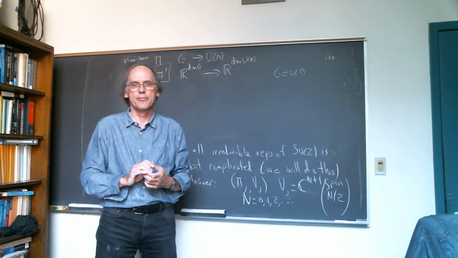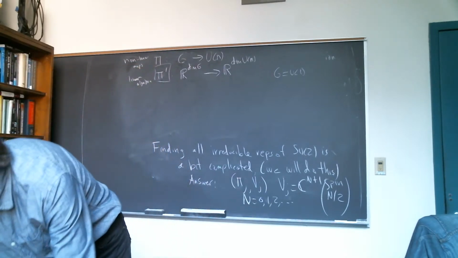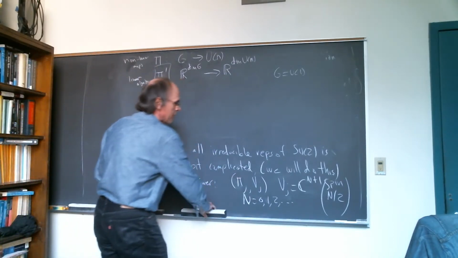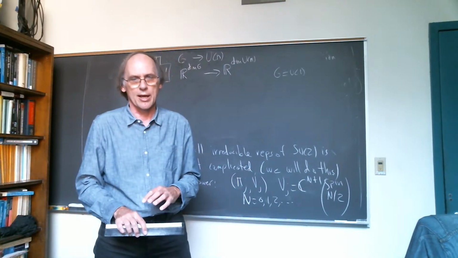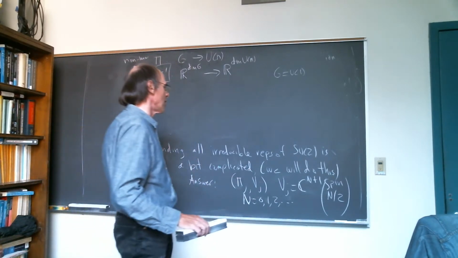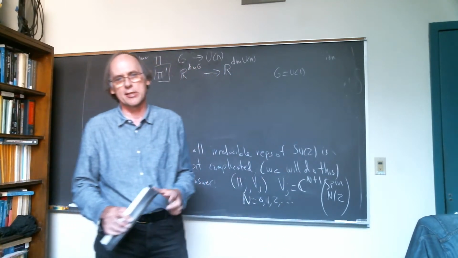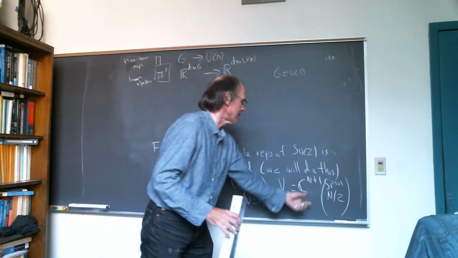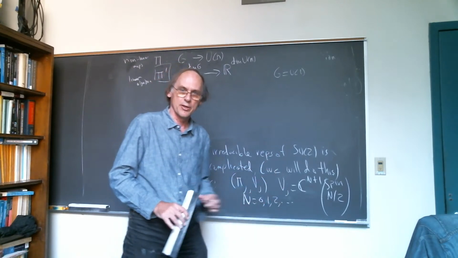Okay. So let me then get down to what I mainly wanted to do today. What I was trying to say here is that if I tried to do the same thing that I did for U1 last time, I'd have to figure out what all the irreducible representations of SU2 are, and that's hard. The answer kind of looks like this, and at some point we'll go through it. It takes some work, but you can do it.